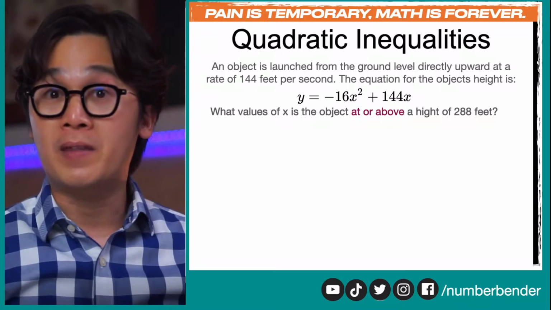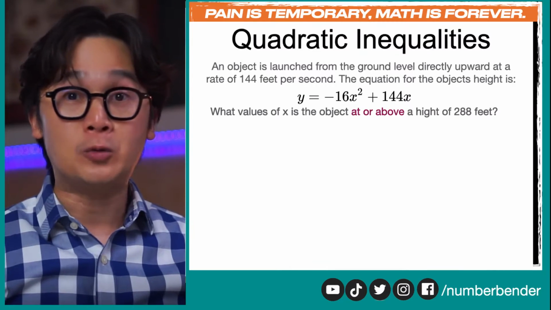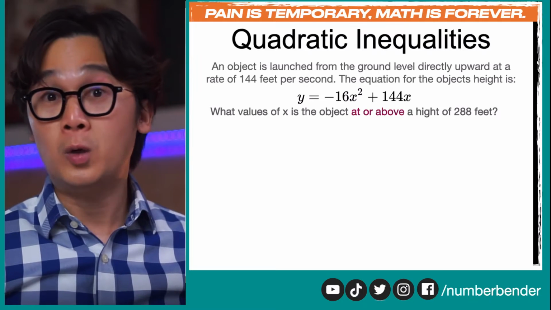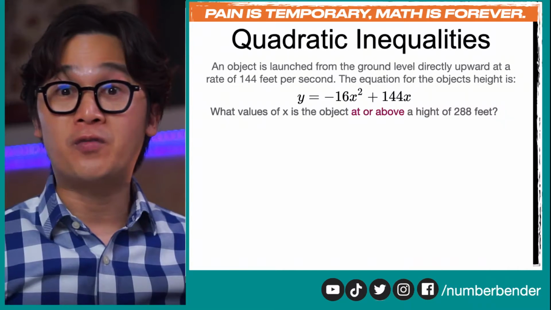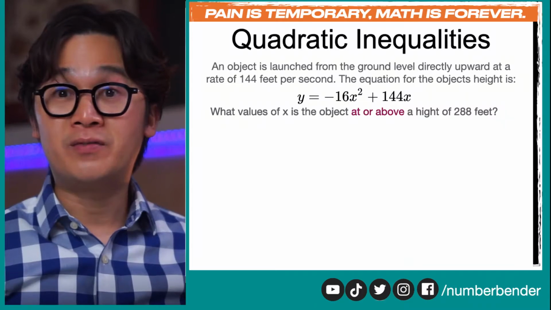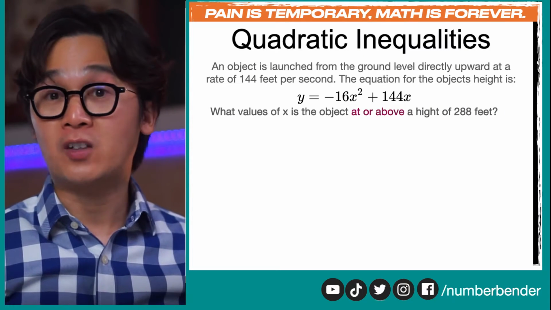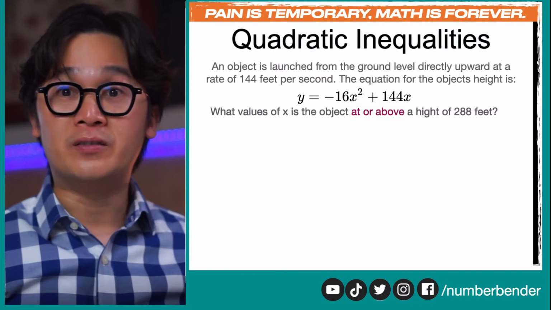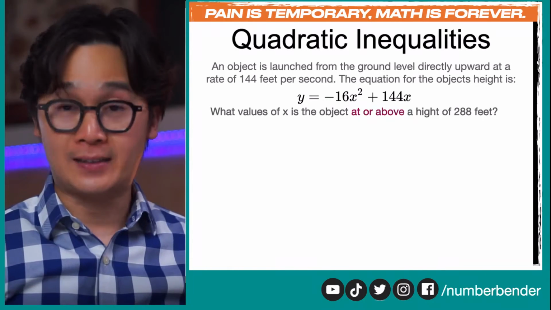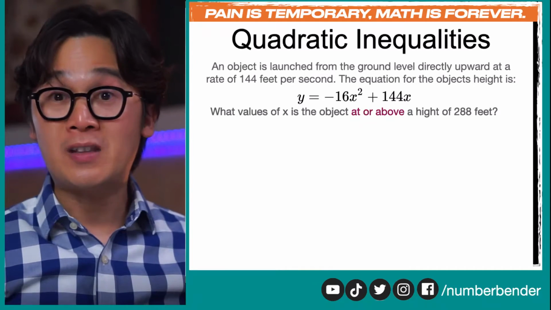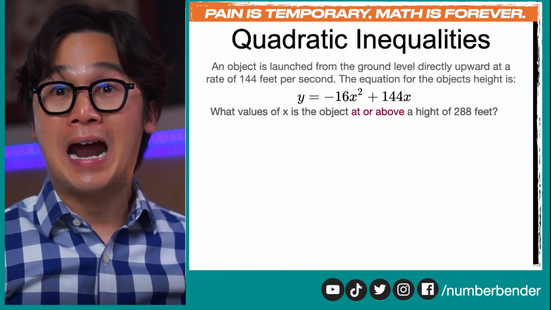We just need to form the quadratic inequalities, and we will do that by answering the word problem, which is finding the values of x where the object is at or above a height of 288 feet. The equation you are seeing is the equation of the object's height, so all we need to do is use that and form our inequality.